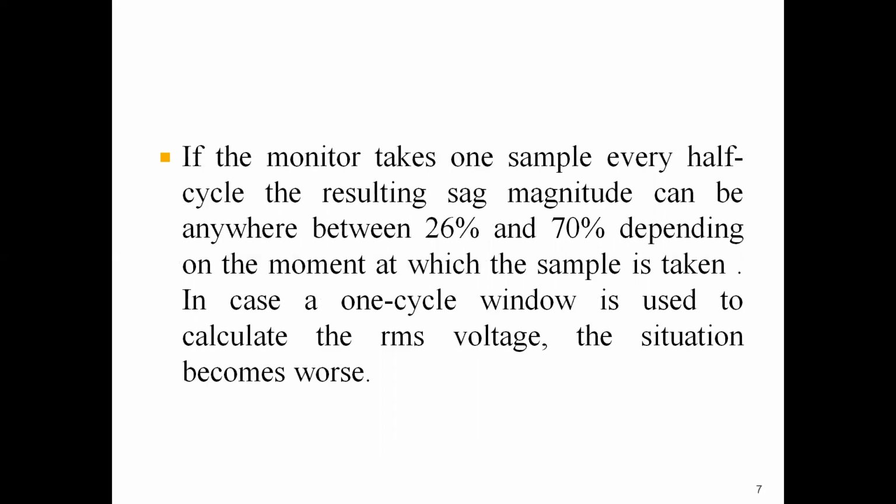It implies if the monitor takes one sample every half cycle, the resulting sag magnitude can be anywhere between 26 to 70%, depending on the moment at which the sample is taken. In case a one cycle window is used to calculate the RMS voltage, the situation becomes worse.